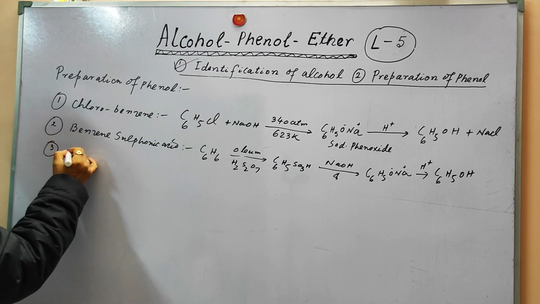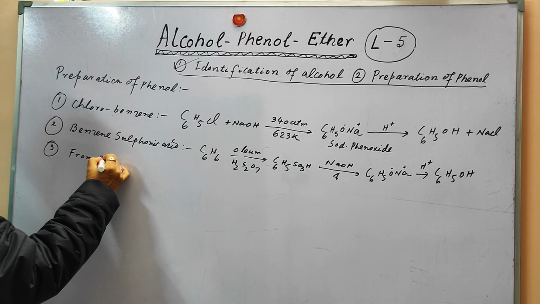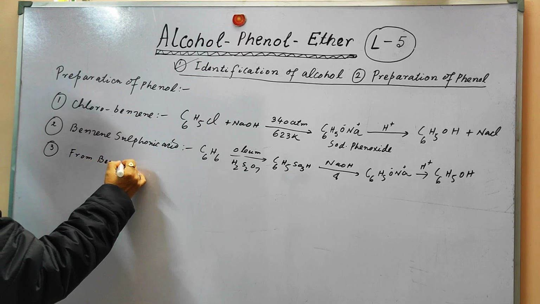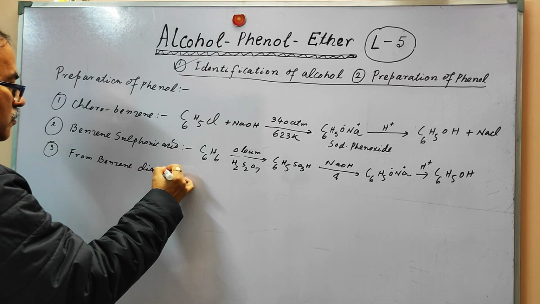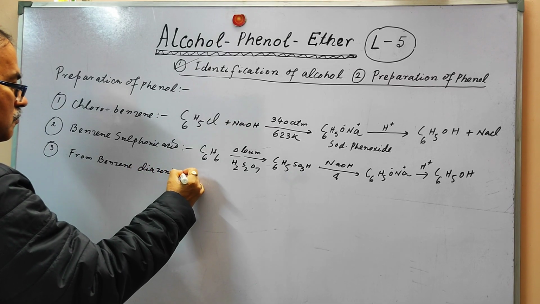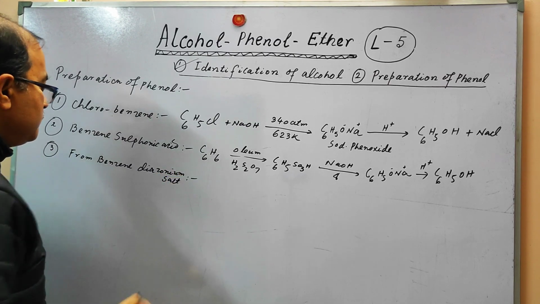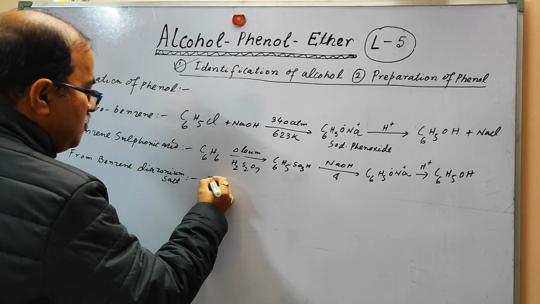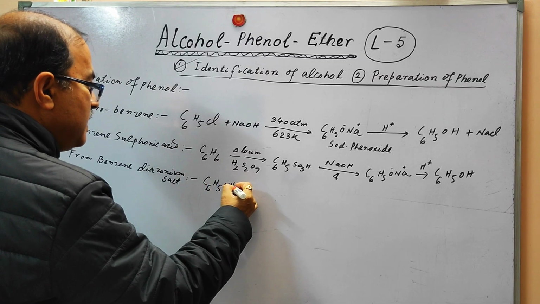Number third, from benzene diazonium salt. Benzene diazonium salt is prepared from the primary amine, that is also called aniline.